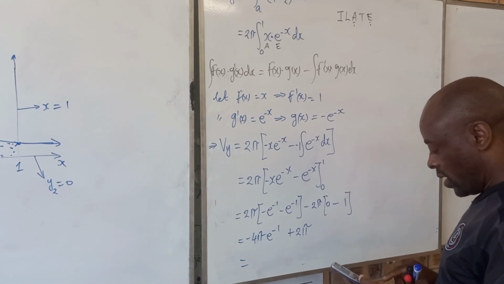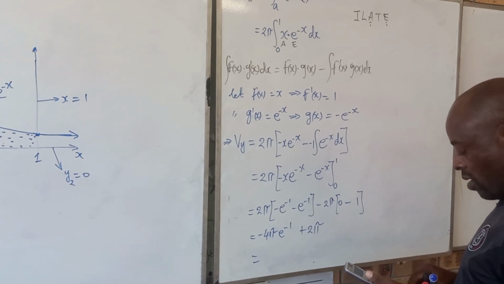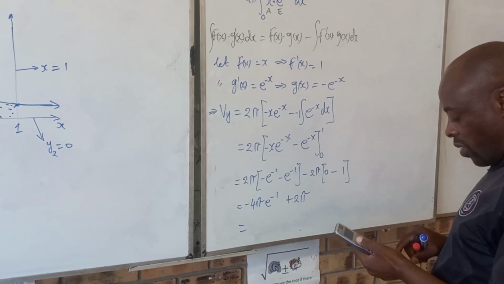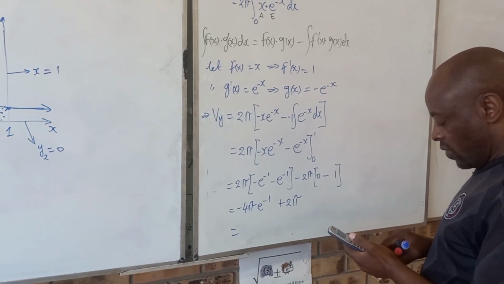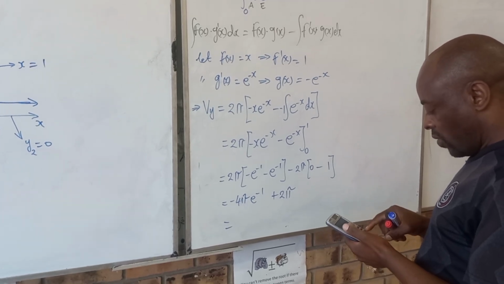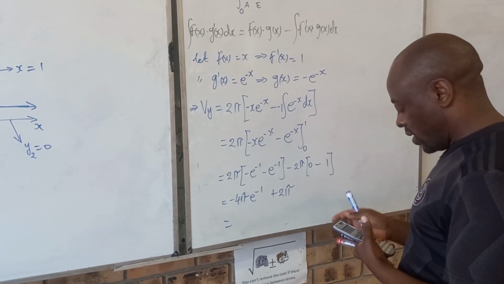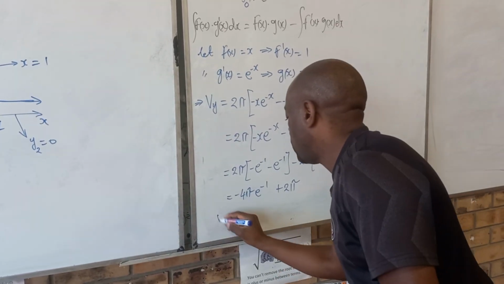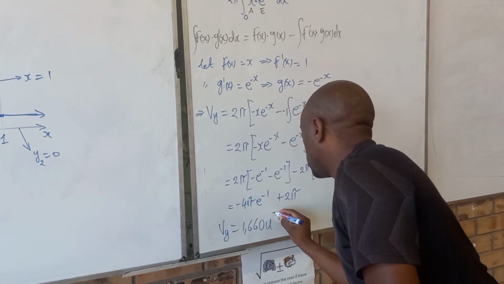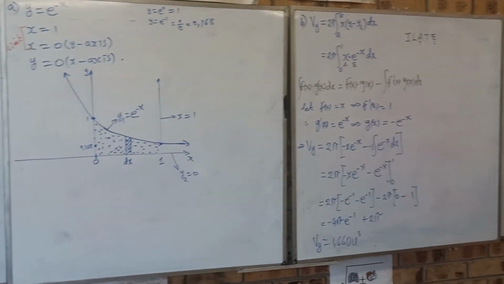I'll quickly do that: 2 pi minus 4 pi e to the power negative 1. That gives me 1.660. So my volume is 1.660 units cubed. So guys, that's how you get the volume by the shell method.